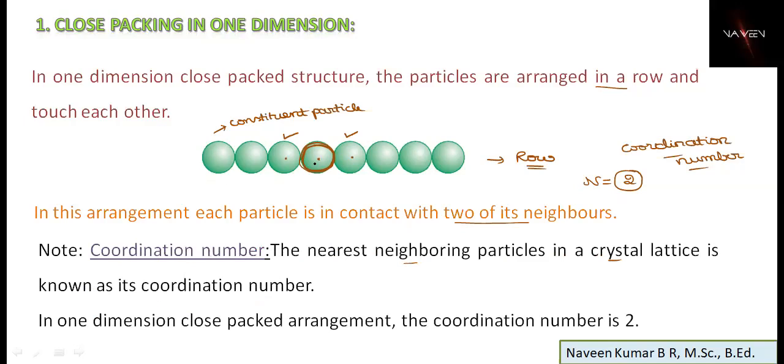In this diagram of one dimension arrangement, any particle you take will be in contact with two of its neighbors. For example, take another shaded particle. On the left side there is one particle in contact, on the right side there is another particle in contact, and for this particle again the coordination number is 2.